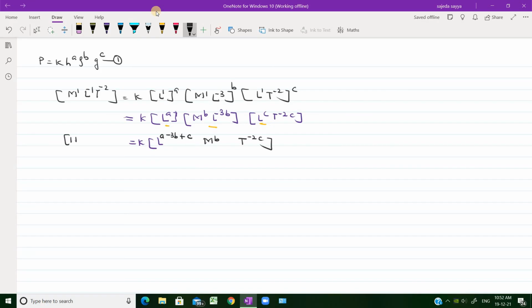Here is M1 L raised to minus 1 T raised to minus 2.